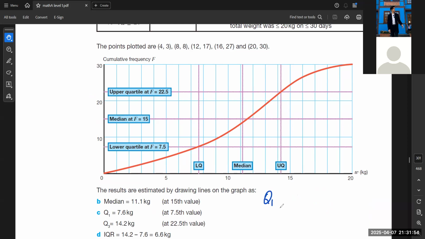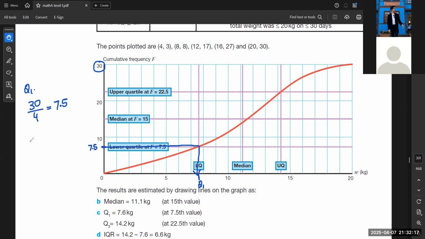This is important. To find the lower quartile, take your total frequency, 30, divide it by 4, because you want the lower quartile, which gives you 7.5. Trace 7.5 on the frequency diagram, reach the graph, check the value. This is your lower quartile, Q1.